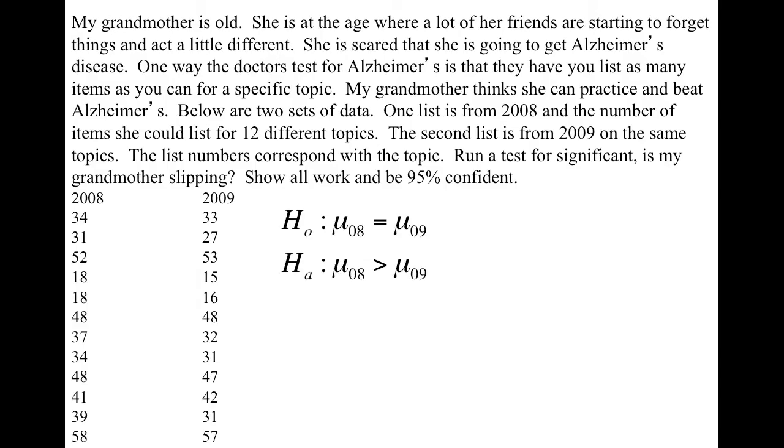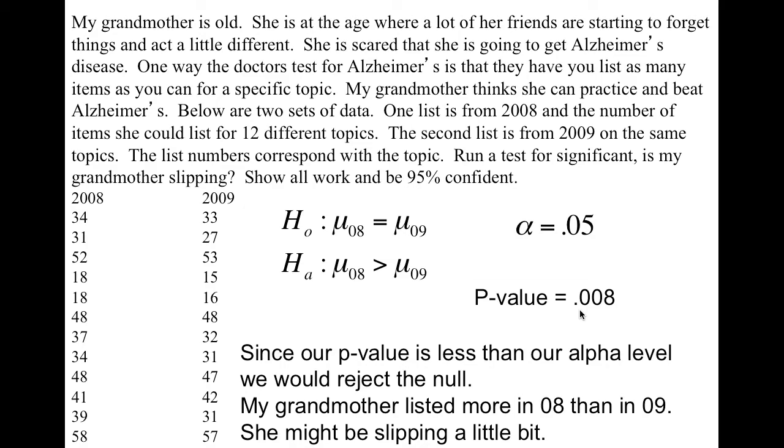We had our null and alternate. We had our alpha level. We had our p-value 0.008, and now comparing our alpha level and p-value, our p-value is less than our alpha level. So, since our p-value is less than our alpha level, we reject the null. My grandmother listed more in 08 than in 09. She might be slipping a little bit.